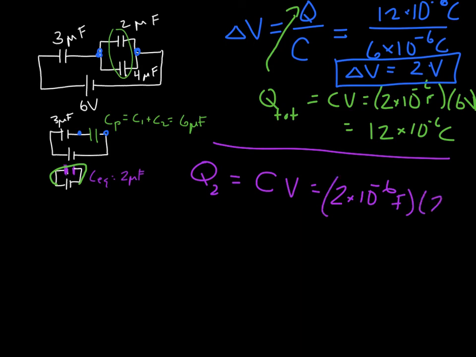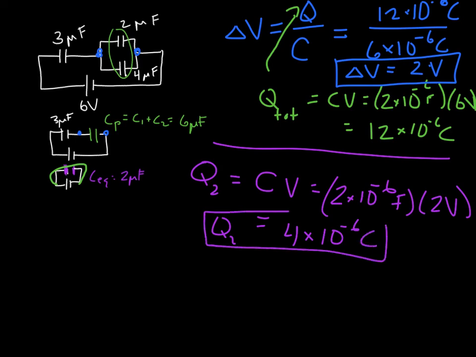Voltage, as we calculated above, and you get the Q across the 2 microfarad capacitor is 4 times 10 to the minus 6 coulombs. But we just said the entire charge running through the circuit is 12. So where's the other 8 microcoulombs of charge? Well, 4 went this way, which means 8 goes that way.